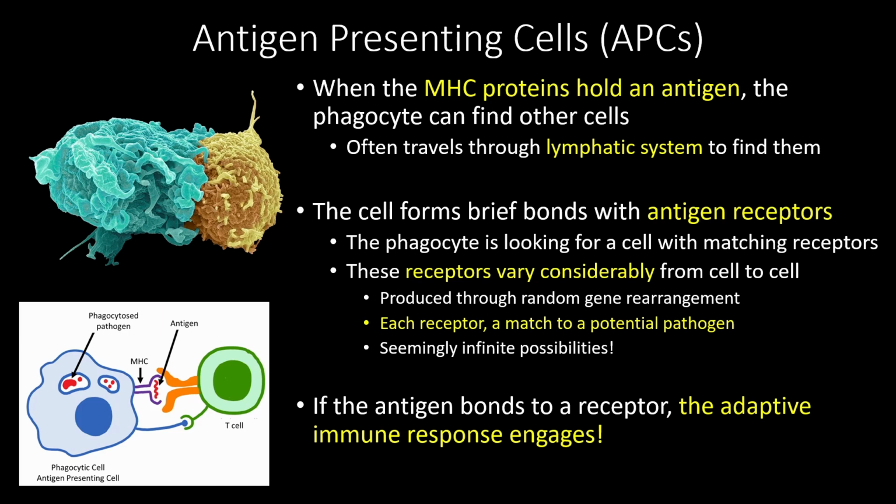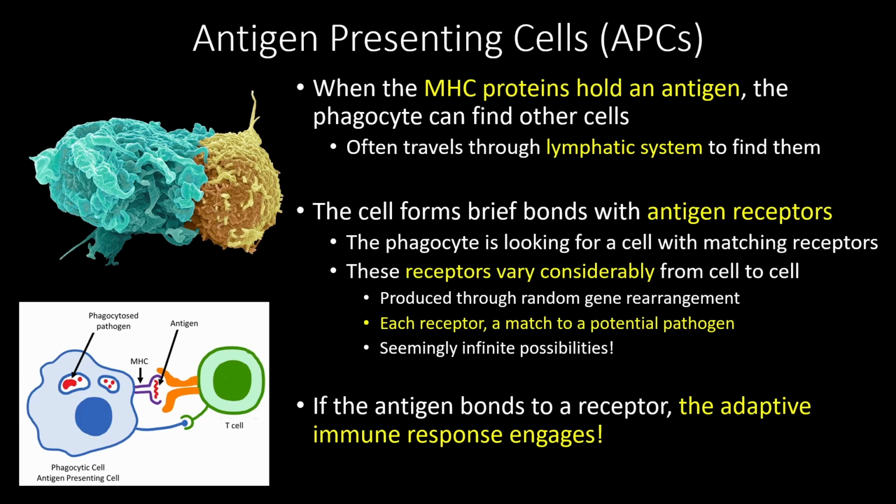As a result, they produce constantly novel receptors that, in theory, match potential pathogens that we have never encountered. So, in theory, there's a capacity for us to have a T cell with the antigen receptors that match literally any pathogen that we could encounter.